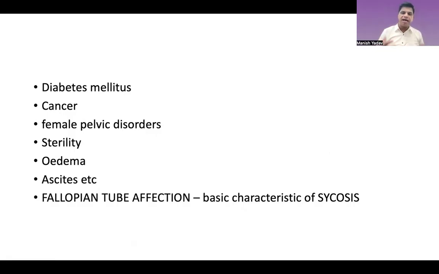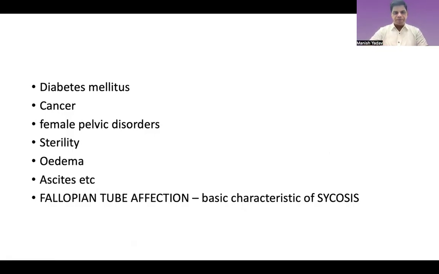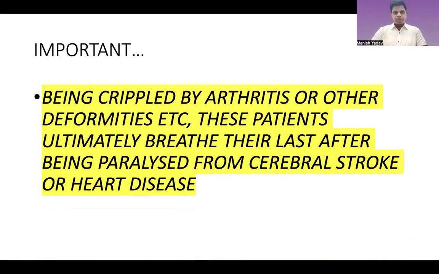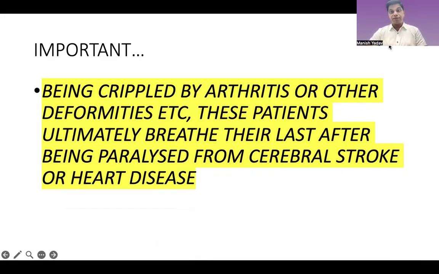It is a basic characteristic of psychosis. So what is important is something very important. Being crippled by arthritis or other deformities of joints, these patients ultimately breathe their last after being paralyzed from cerebral stroke or heart disease.